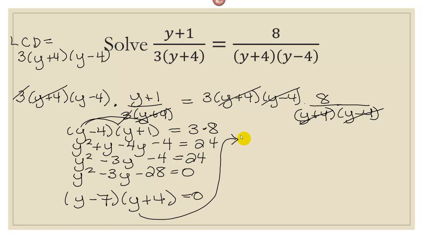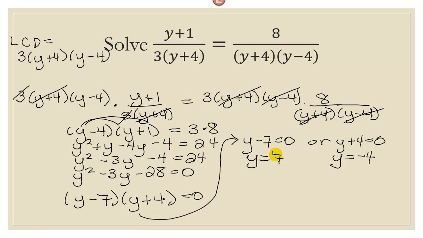Let's set each of these factors to 0, just using the zero factor property. So we have y minus 7 equals 0, or y plus 4 equals 0. Adding 7 to both sides gives you y equals 7, and subtracting 4 from both sides gives you y equals negative 4.